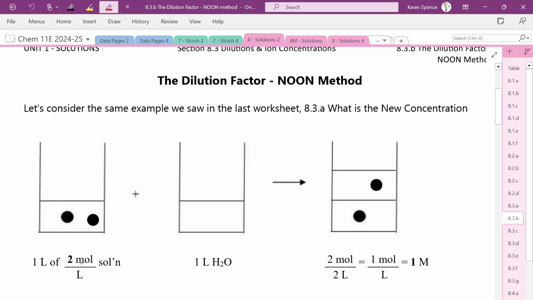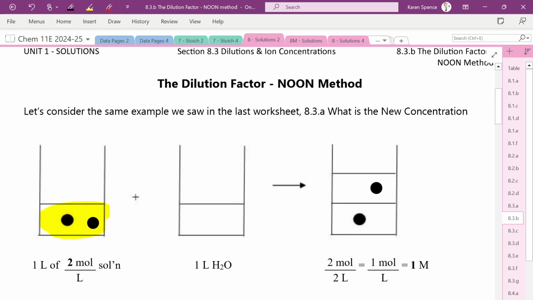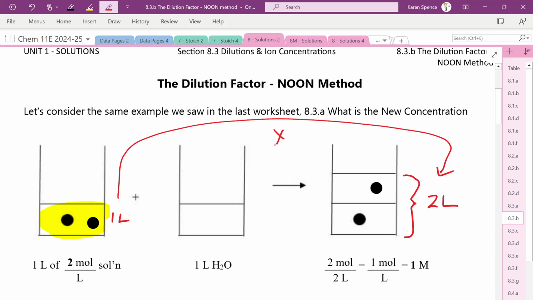So we have here our 1 liter of our 2 molar solution, and we add another liter of water to that, and we get a 1 molar solution. So if we look at what happened to our volume, the volume went from 1 liter to 2 liters. The volume was times 2.